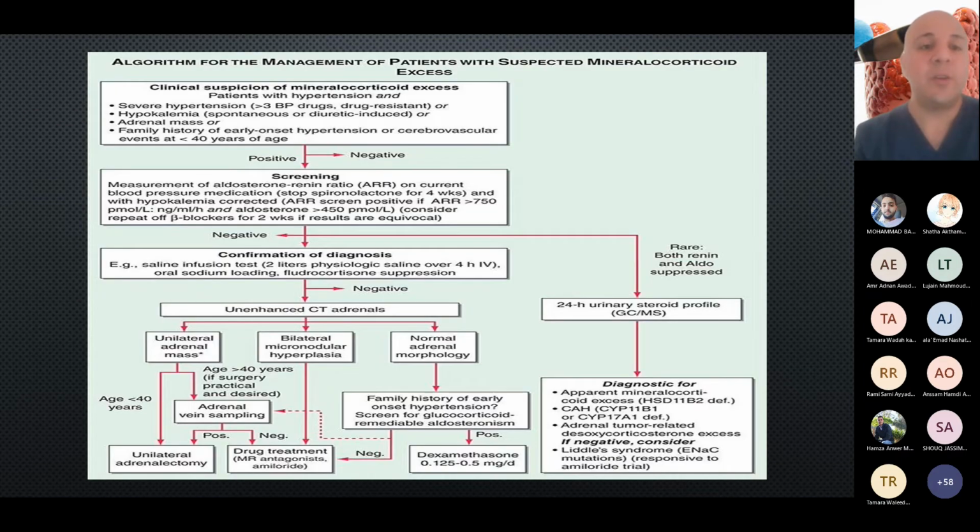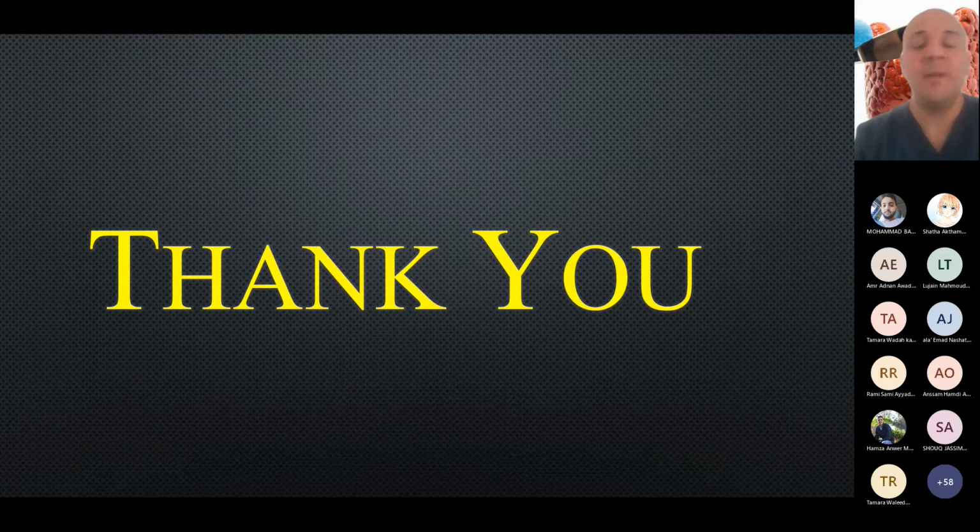And then you can go into Conn's syndrome and pheochromocytoma, which I'm sure you are all well acquainted with, but from a surgical point of view, what is required of you is to know how to approach an adrenal mass, perform a biochemical profile, determine the risk of malignancy, and whether you want to offer your patient watchful waiting versus adrenalectomy.